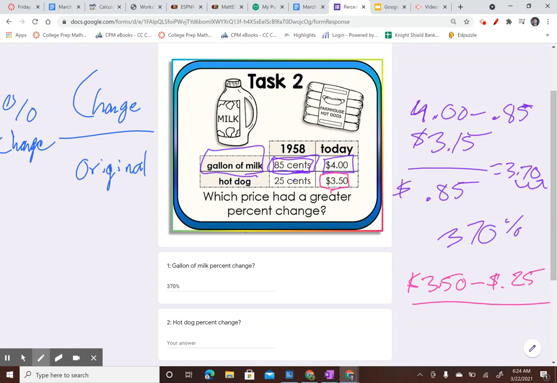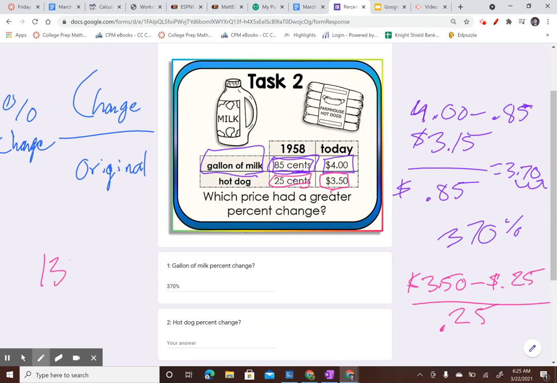Well, we need to figure out the percent change for a hot dog still. So we put our original cost of 25 cents in the bottom here. And then when we do 3.50 minus 0.25 gives us 3.25. And then we need to divide that by 0.25, and that gives us 13.